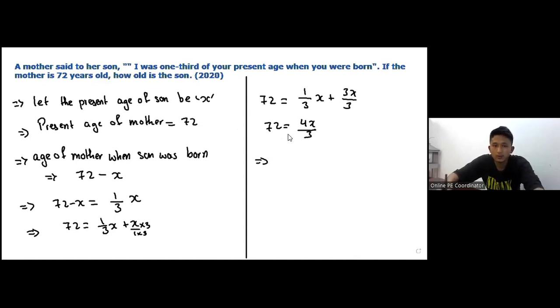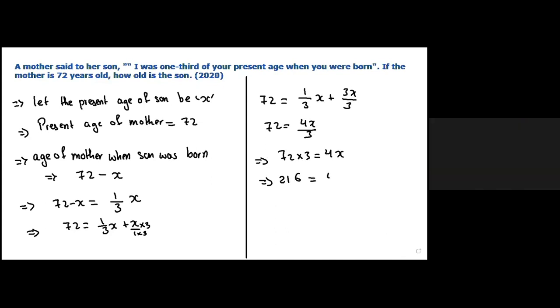Bring that 3 to the other side, and it will be 72 times 3 equals 4x. So 72 times 3 is 216, equal to 4x.